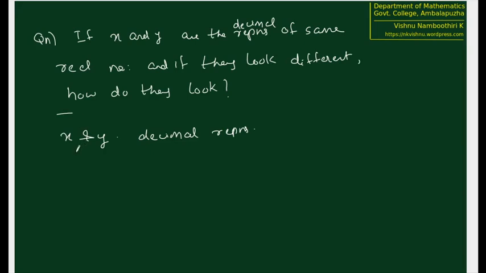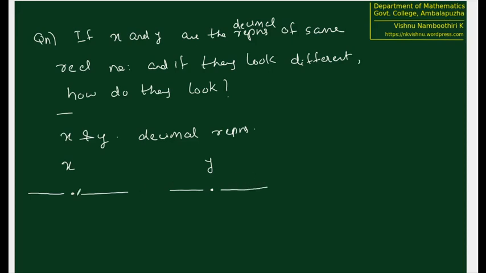So x has a representation in the following form. Some integer part it has, decimal part it has. After that, the part after the decimal point is there. y also has such a representation.